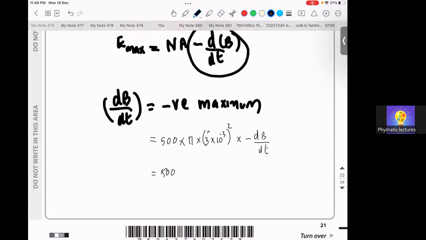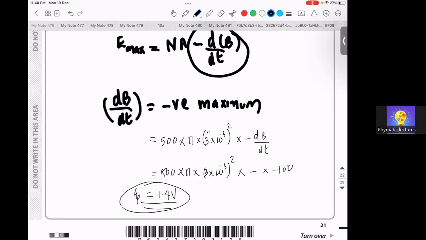That is 500 into pi into (3 into 10 raised to minus 3) whole squared. That will give the answer: EMF is equal to 1.4 volt. That is the maximum EMF.